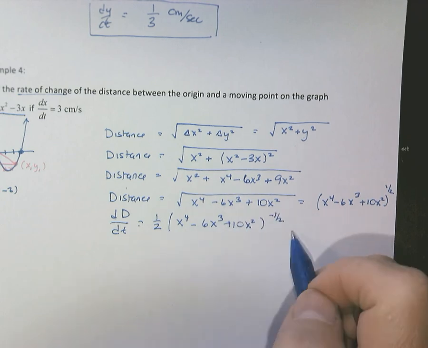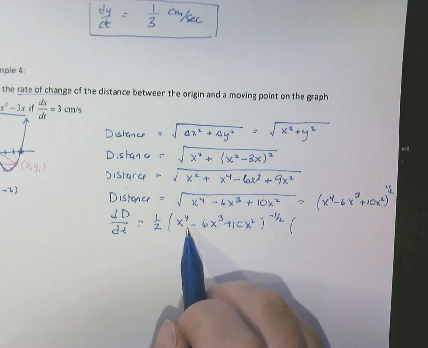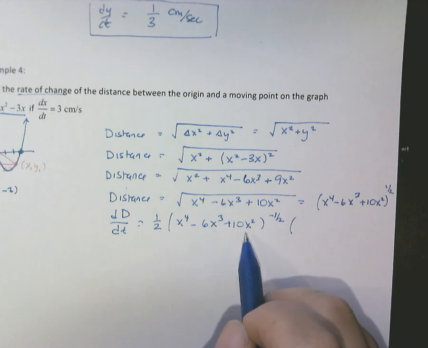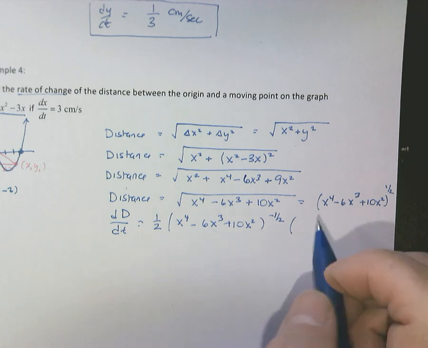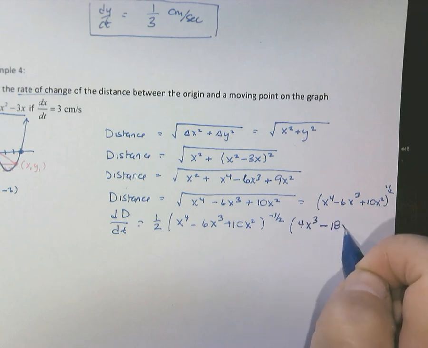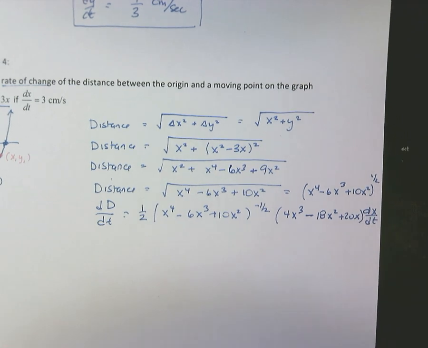The derivative of what's inside here would be 4x cubed dx/dt, negative 18x squared dx/dt, plus 20x dx/dt. So I'm just going to write it as this, 4x cubed minus 18x squared plus 20x, all of that times dx/dt. It saves me writing dx/dt over and over and over again.